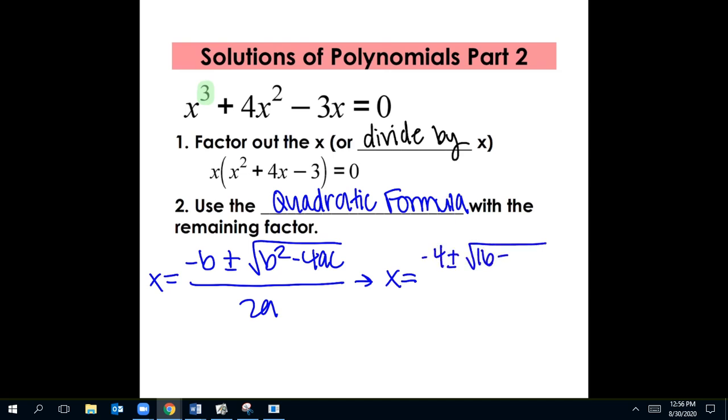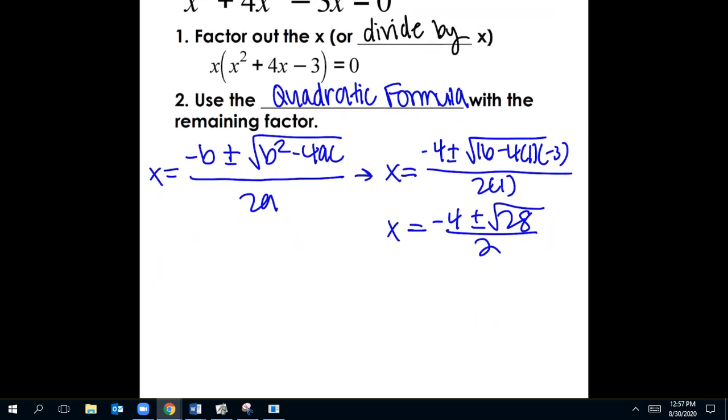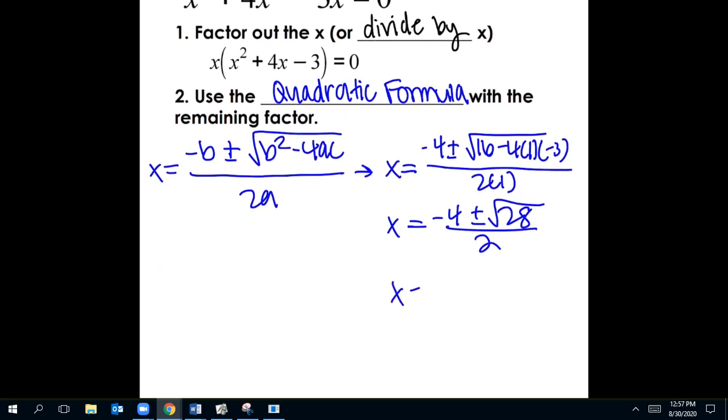Let's simplify inside that radical. That's going to get us 16 plus 12. And then we're going to simplify this radical. We are going to find the biggest perfect square factor, which is 4. Square root of 4 is 2, and we'll have 7 left over.